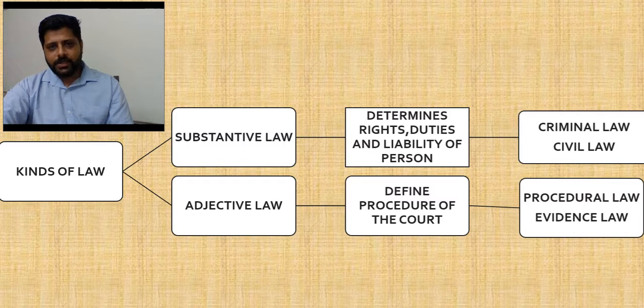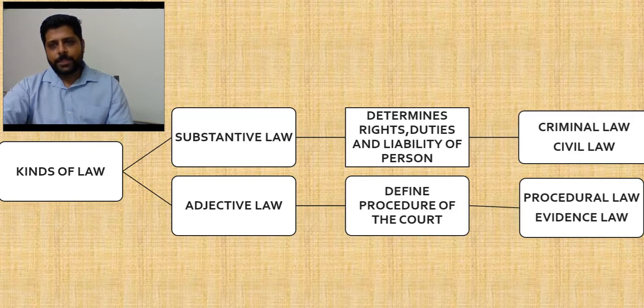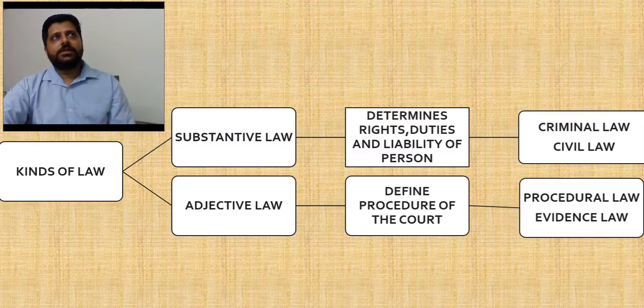It means that whenever there is any dispute regarding a right, a liability, or a duty of a person, what will be the procedure? It will be mentioned in the procedure code, or the procedure in the adjective law. Examples of substantive law are the many criminal and civil laws such as the IPC and contract law.